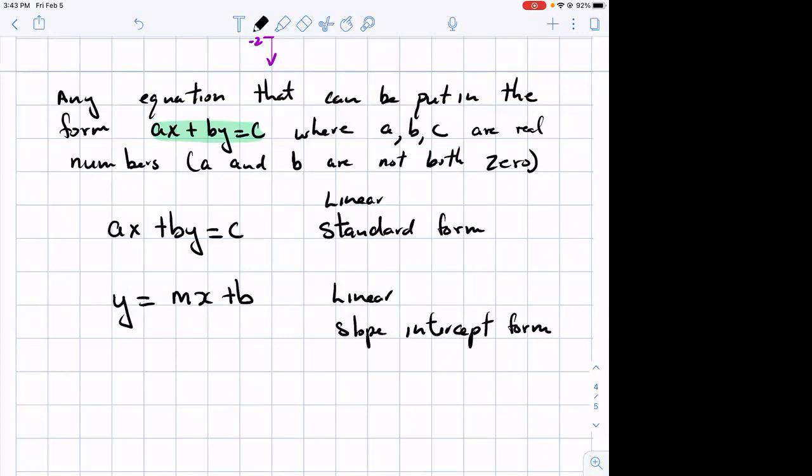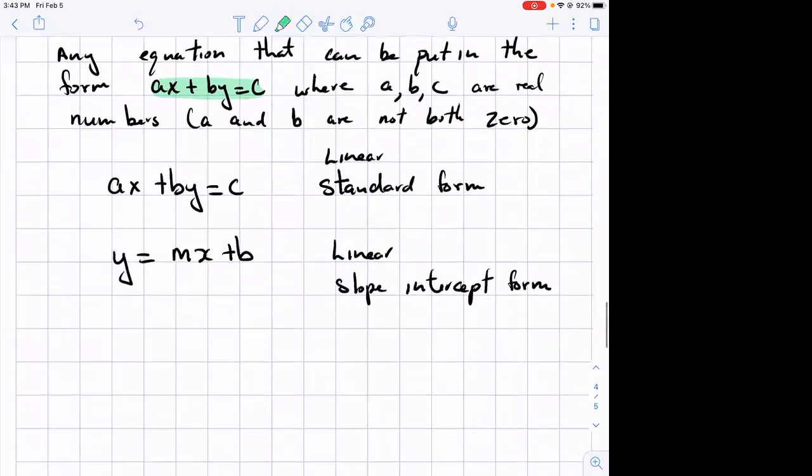So they both represent linear equations, okay, but just different ways of writing them. And this one here is used more often, but you can move from one to the other, and I'll show you that in an example. So any equation that can be written in the form y equals mx plus b is considered linear. Okay.